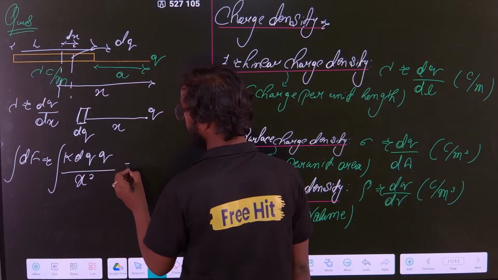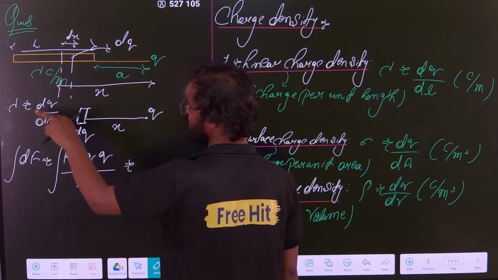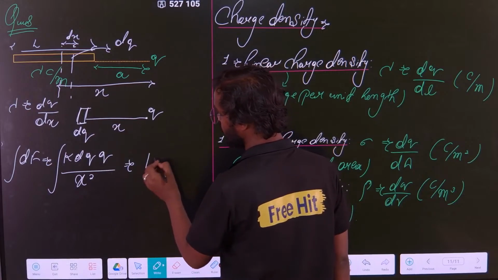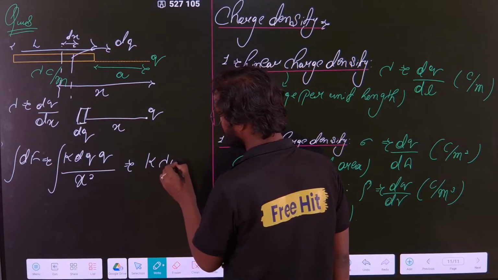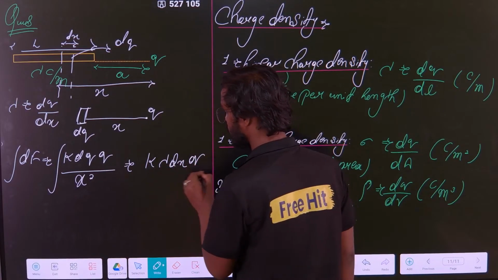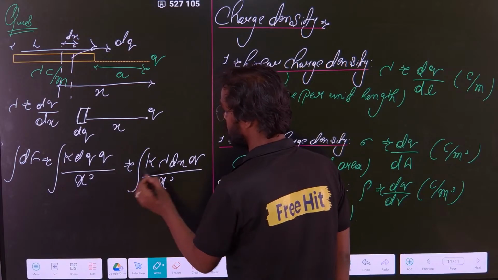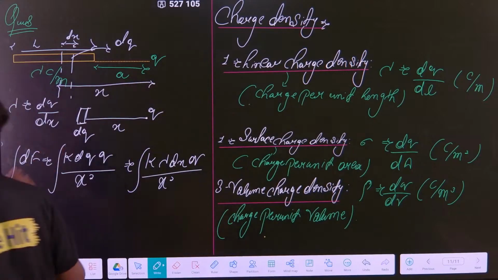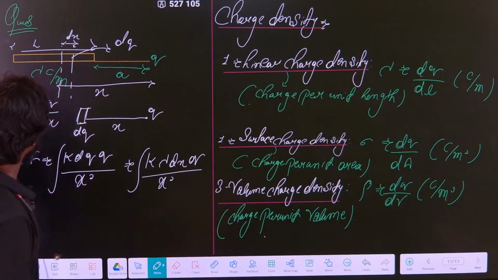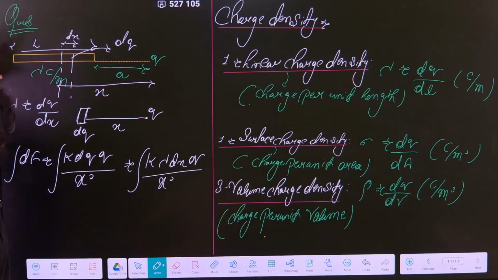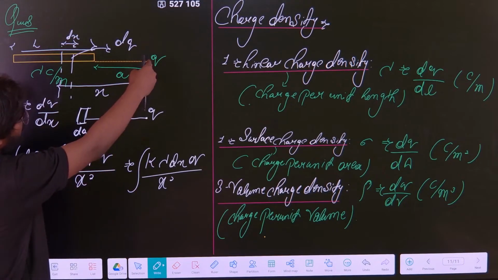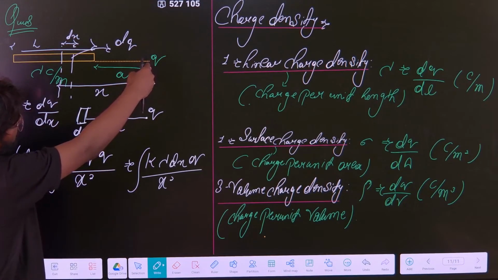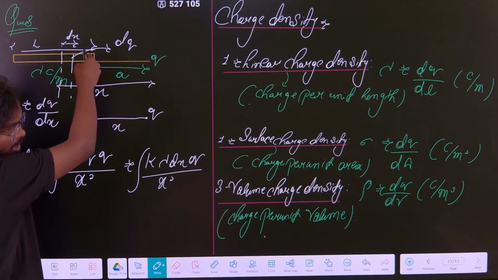Now dq can be written as lambda dx, so you will get the integral of k lambda dx into q divided by x square. Now what is the limit for x? See, what is the value of x here? 0. Here the value of x is a.